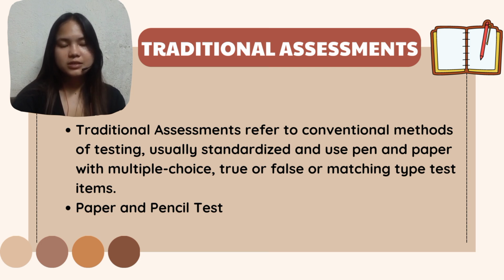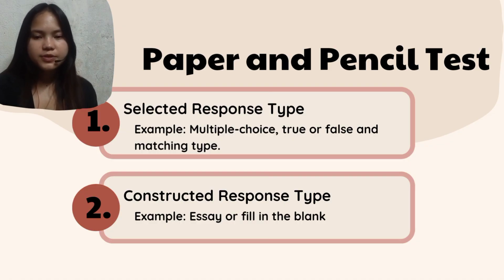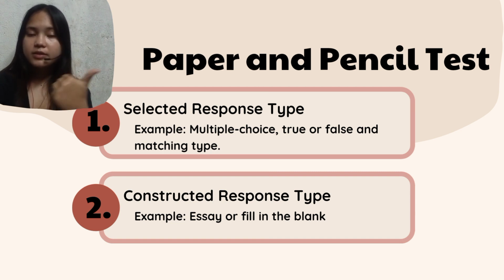So when we say traditional assessment, it is assessing the student's knowledge through conventional methods of testing, which is the paper and pencil test. There are two types of paper and pencil test, namely the selected response type and the constructed response type.